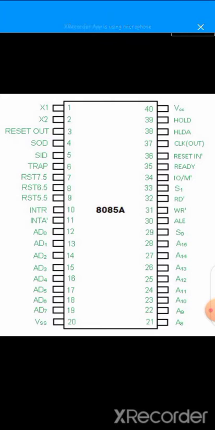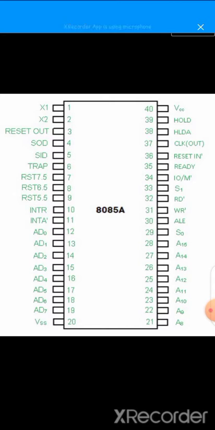Whenever we get a positive signal on ALE, the address is going on those lines. If ALE is negative, then data is traveling on those lines.